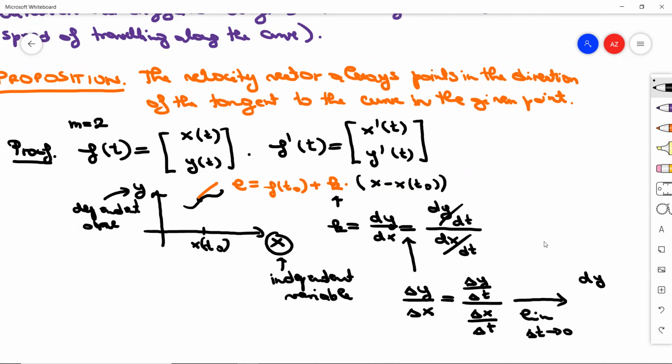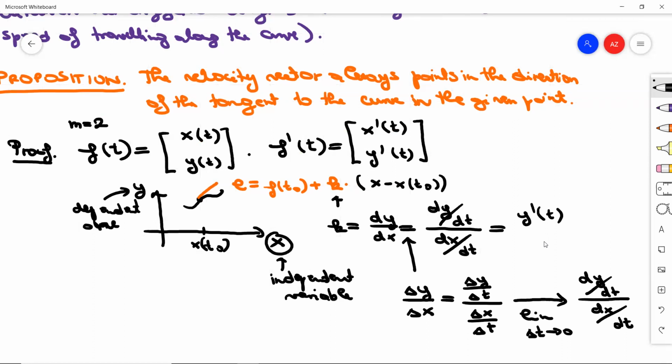So differential of y over differential of t, and then differential of x over differential of t. But what is actually this differential of y over differential of t? This is the derivative of y with respect to t.